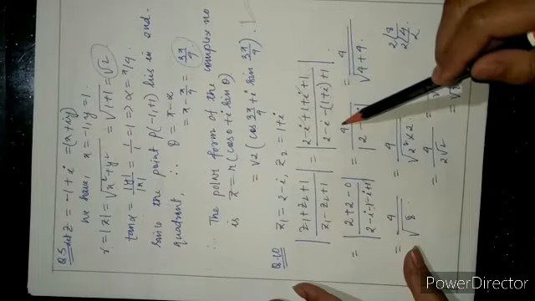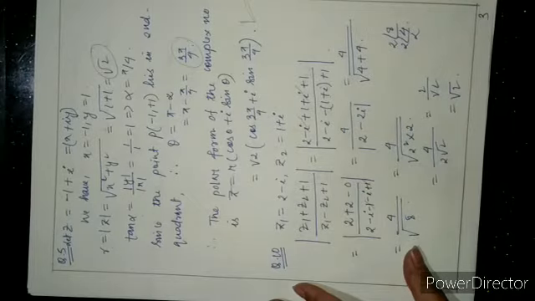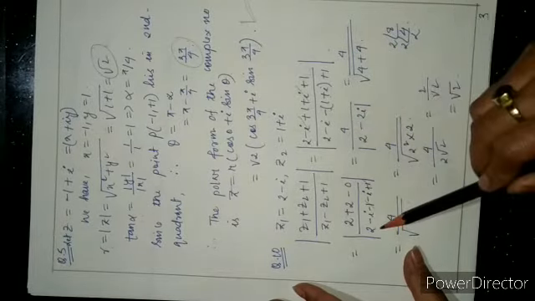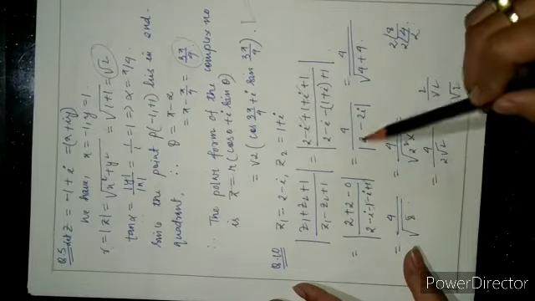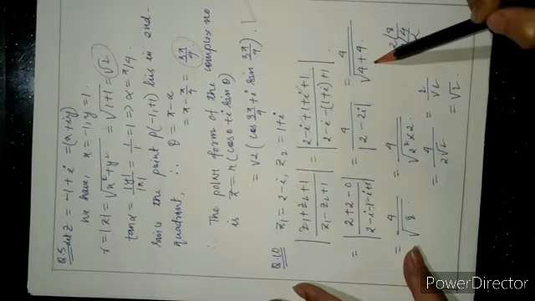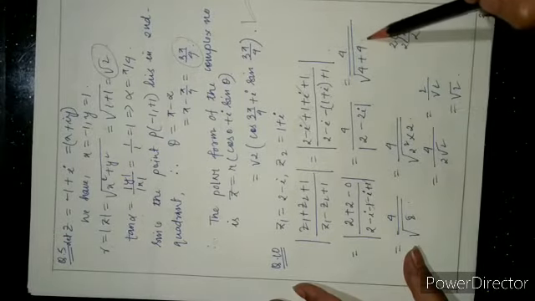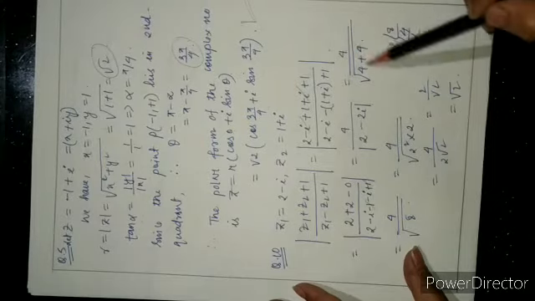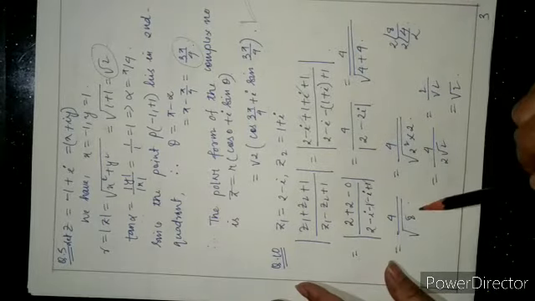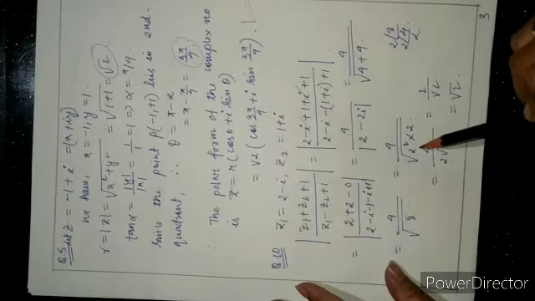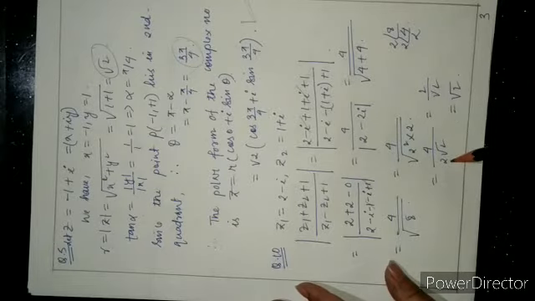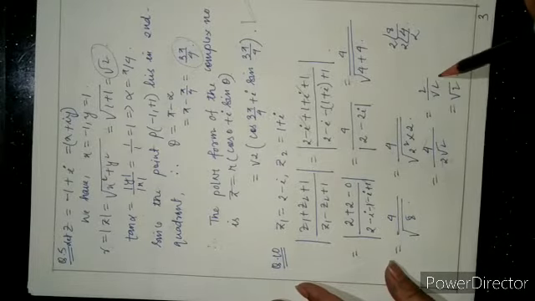The real part exists, and the imaginary part also exists. For 2 minus 2i, the real part is 2 and the imaginary part is minus 2. The modulus of a complex number is the root over real part square plus imaginary part square. So 4 divided by root over 4 plus 4, that is 4 divided by root 8, which is 4 divided by 2 root 2, equal to 2 divided by root 2.